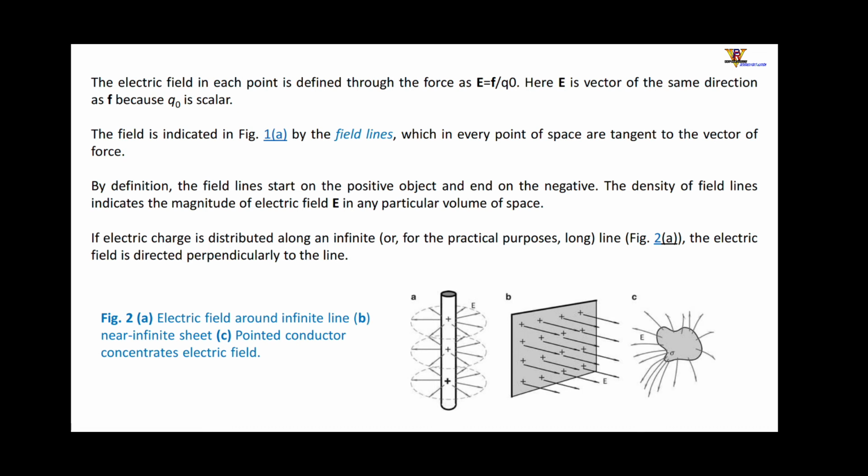So by definition, the field lines start on the positive charge and end on the negative charge. The density of field lines indicates the magnitude of electric field E in any particular volume of space. This means if we have a large number of electric lines, then the electric field is very strong near that object.